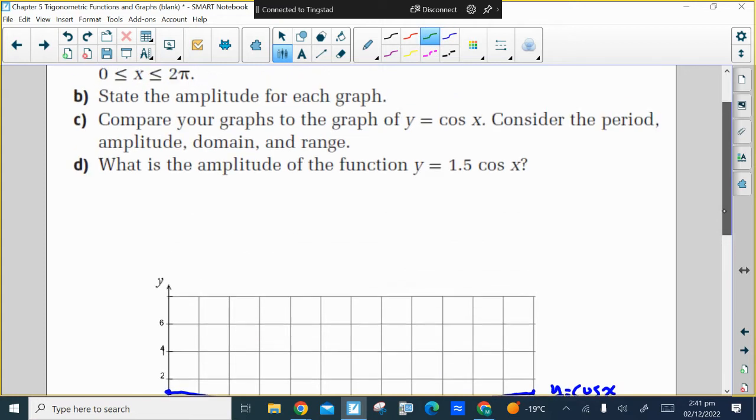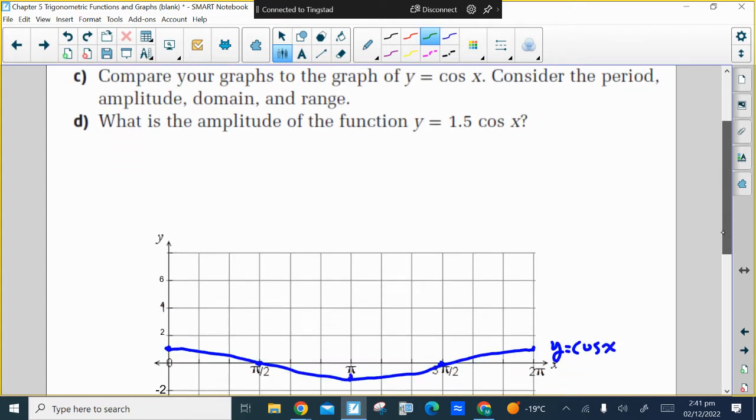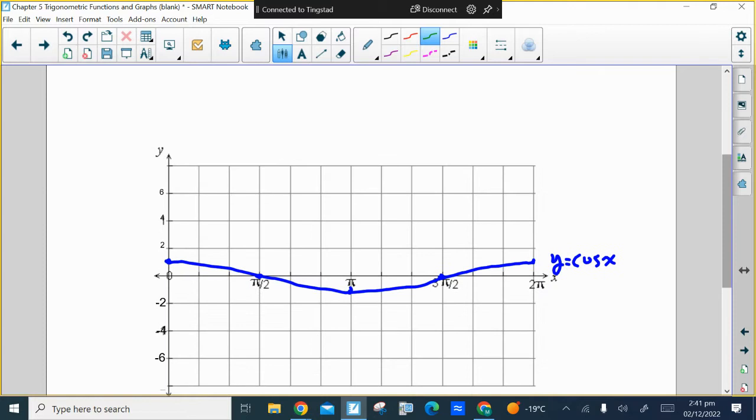So then we want to do 6 cosine x. That's an a value of 6. That means we're going to vertically stretch by a factor of 6. All the y values will get multiplied by 6. Once again, the x-intercepts will be invariant because the y values there are 0. Our starting point was where y was 1. Multiply that by 6, you'll get +6. The minimum at pi was where y was -1.